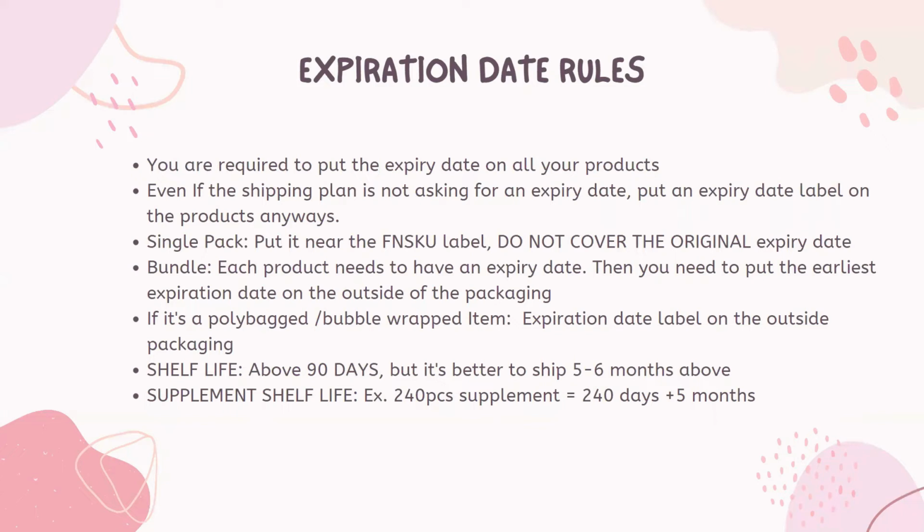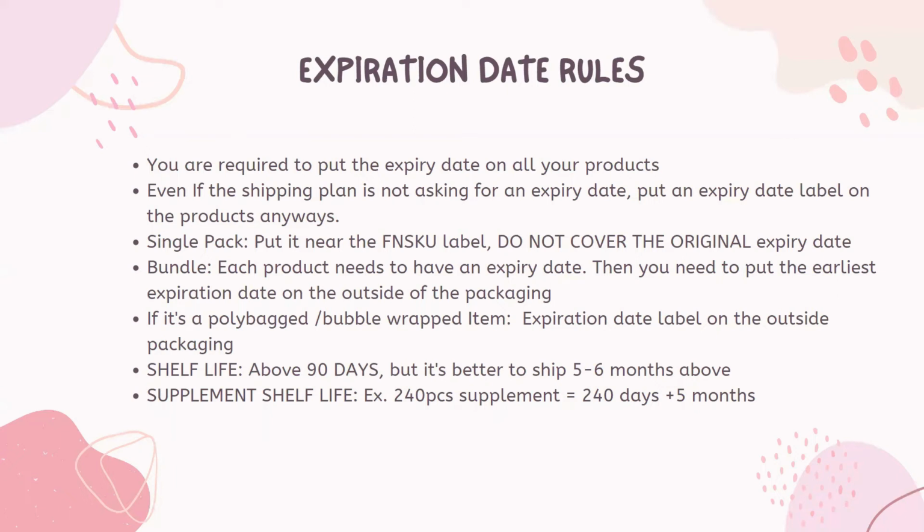I like to put the label and expiry date outside because, in case the product gets broken and it leaks, at least all the information they need is still there. The FNSKU label will be dry, and also the expiry date. Then they can figure out whose product it really is.